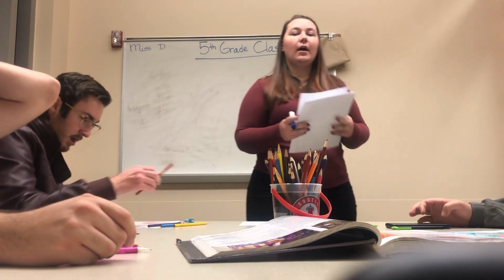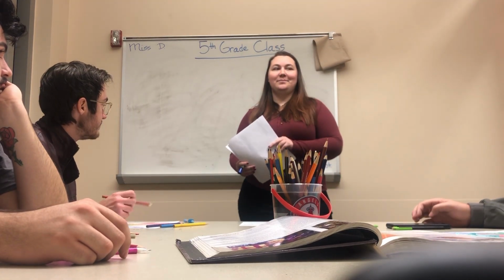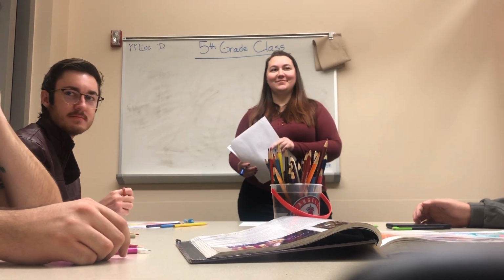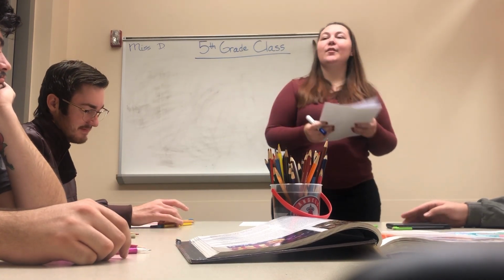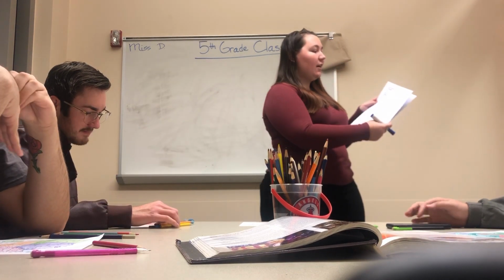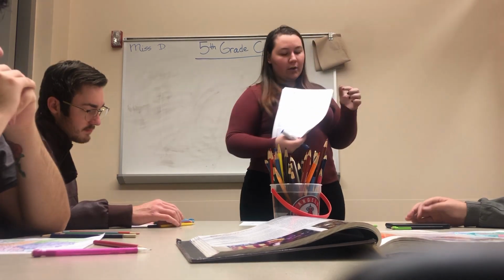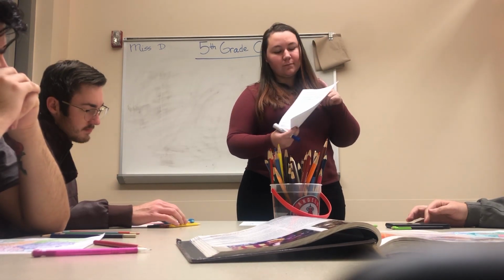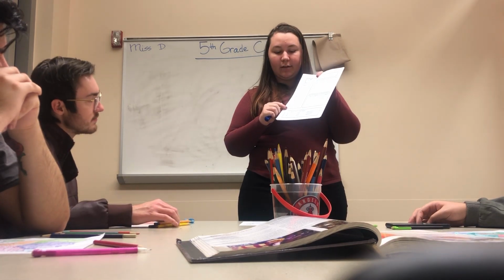Okay, so I'm going to split the class up into groups of 5. Everybody is going to be assigned a region, and then you're going to write in here. It's a little hard to read because the printer kind of messed up. You're going to write the region that I assign you, the states in that region.